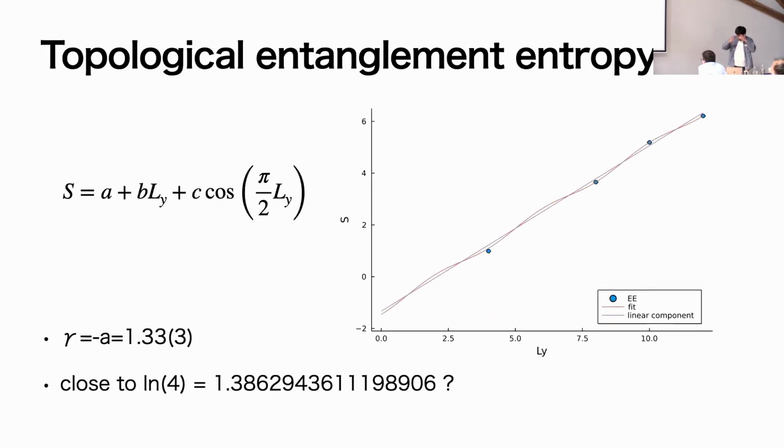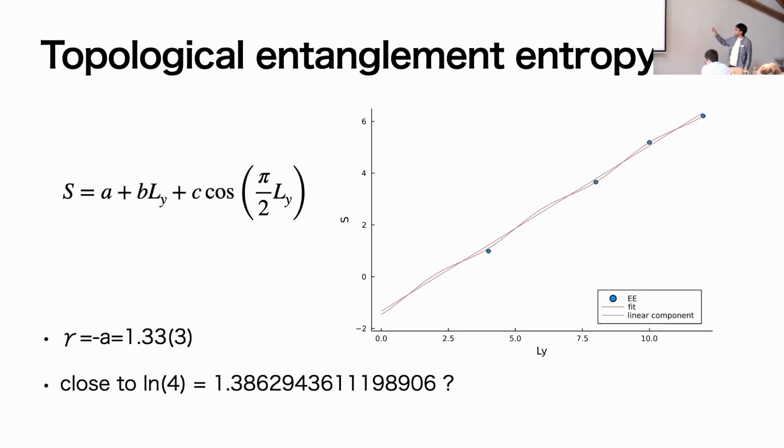Finally, but most important, is the calculation of topological entanglement entropy. We put the entanglement entropy for different circumferences. The data is of course without Ly equals 6, because Ly equals 6 is gapless and we cannot put entanglement entropy for that.